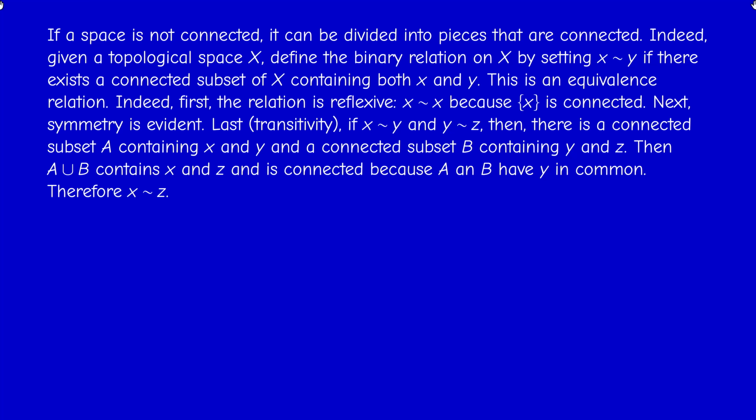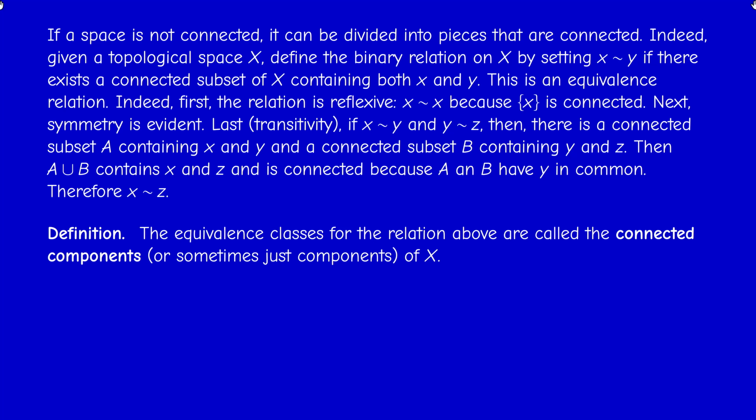So x and z belong to A union B, which is connected. Therefore, x is related to z. Now, any equivalence relation on a set partitions the set into equivalence classes. The class containing an element is, by definition, the set of all elements that are in relation with this element.